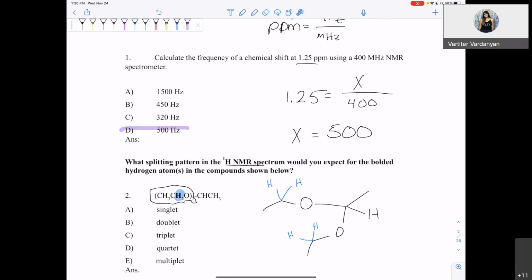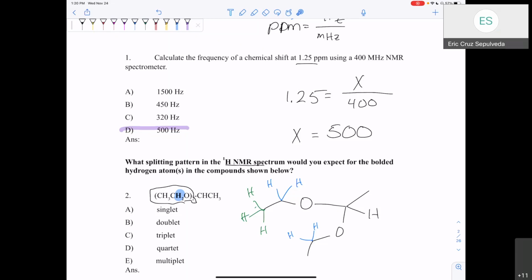So these guys have 1, 2, 3 neighbors, and then does it have any neighbors on the other side? Okay, so why not? Because this technically is 1, 2, 3. Don't you have to count the hydrogen bonding to the carbon? So it would be like 4 away, so not 3 away. Yes, perfect.